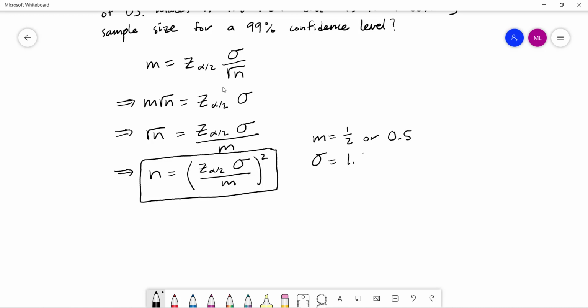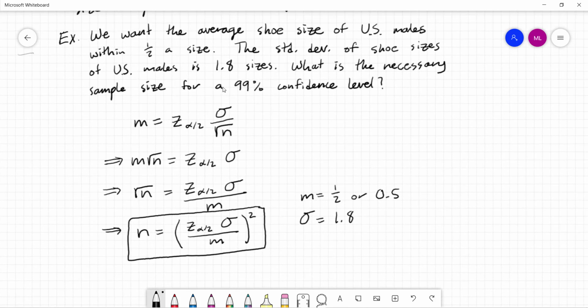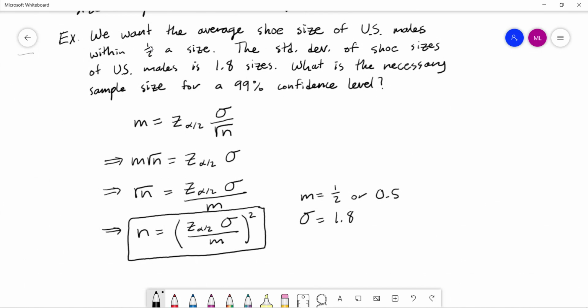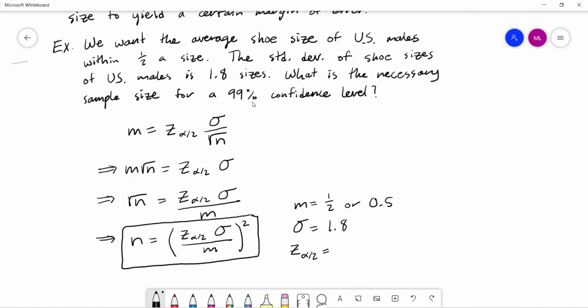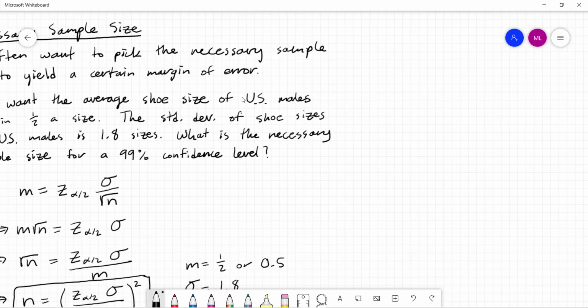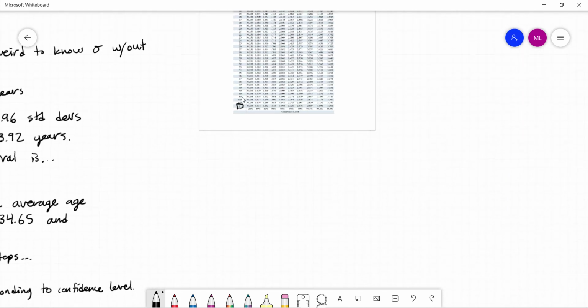We know that sigma, given in the problem, is 1.8. So both of these were given in the framing of the problem, right? 1/2 was our margin of error that we wanted, 1/2 a shoe size. Sigma, the standard deviation of shoe size, is 1.8. And the last one we need is z sub alpha over 2. It tells us that we want to use a 99% confidence level. So all I need to do is go back up and check the table. It's up here somewhere. Here it is.